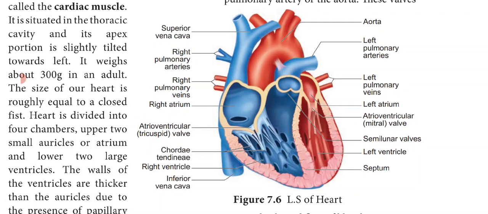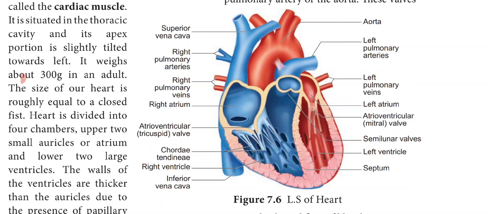So the tricuspid valve is present between the right atrium and right ventricle, and the bicuspid or mitral valve is present between the left atrium and left ventricle.